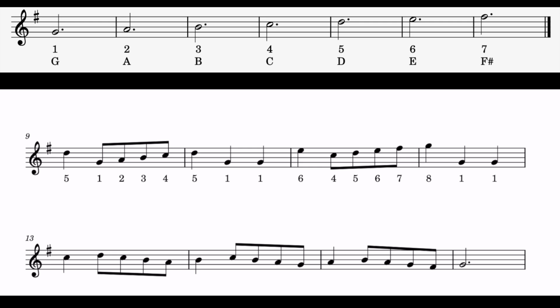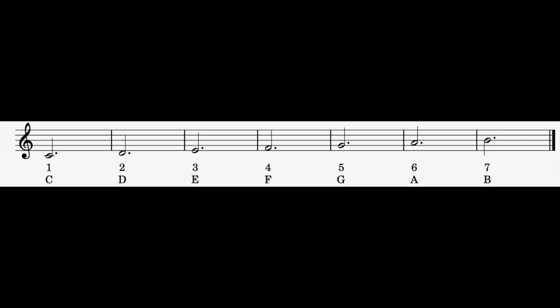Then we go back to our descending scalic pattern, which is our 4, 5, 4, 3, 2, 3, 4, 3, 2, 1, 2. Instead of going to our 7 there, we go back to our 2. And then we go 3, 2, 1. Now we're hitting that 7, and then back to 1 to finish the piece.